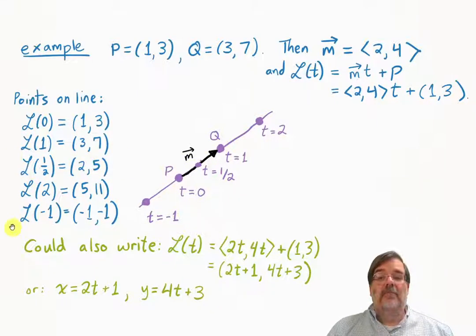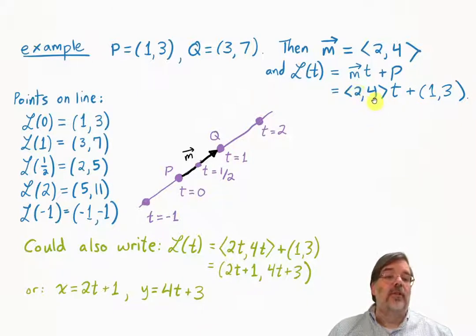Then you can plug in other values other than 0 or 1, and they'll give you different points on the line. In general, when you write the equation of a line in this form, L of 0 will always give you P, and L of 1 will always give you Q. But let's say, for instance, L of 1/2. So if you plug 1/2 in for t, (2, 4) times 1/2 is (1, 2).